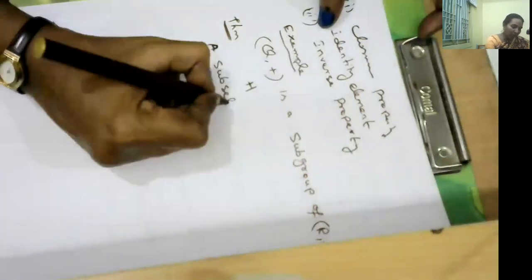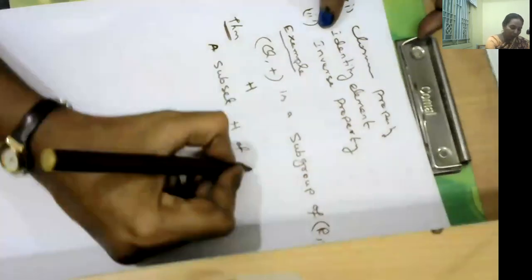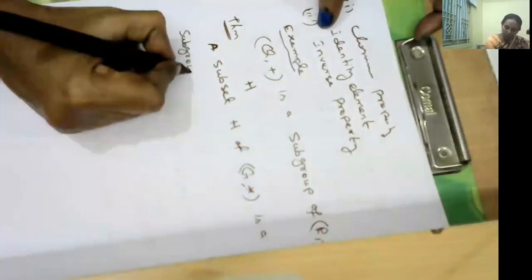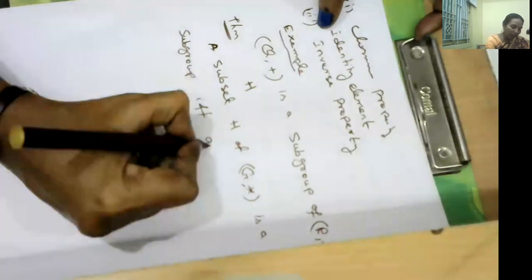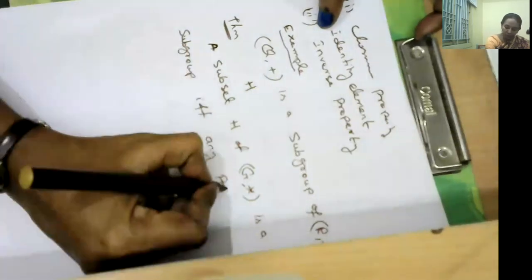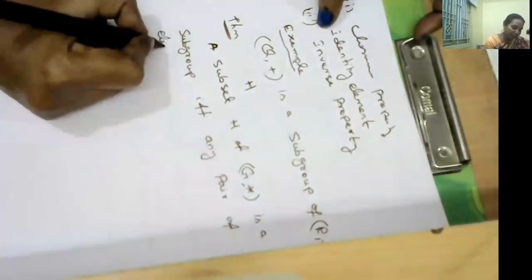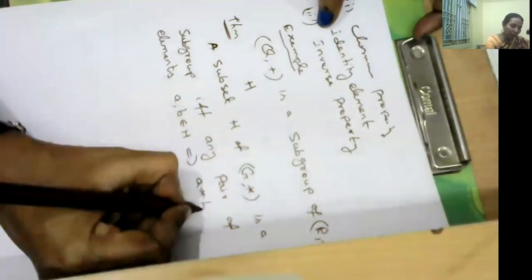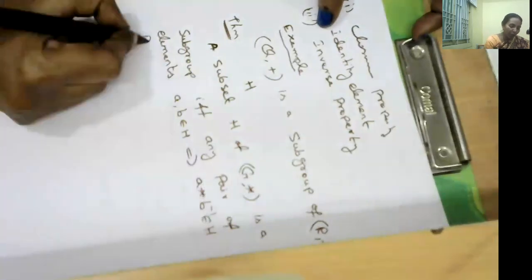So the theorem statement says a subset capital H of G, star is a subgroup if and only if for any pair of elements a, b belonging to capital H, a star b inverse belongs to H. So we are going to prove this now.